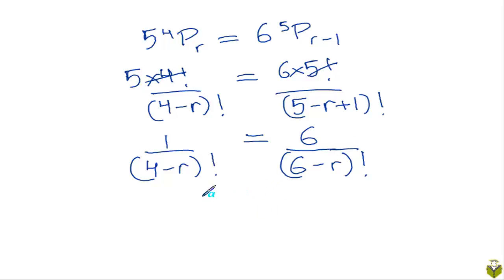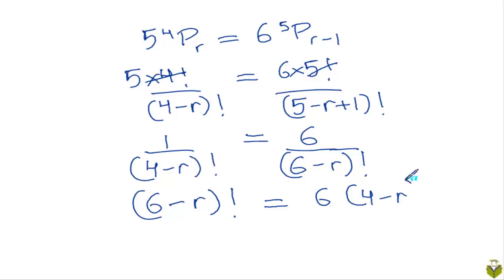So we can again cross multiply, and we'll have (6 minus r) factorial is equal to 6 multiplied by (4 minus r) factorial. You again have to see how to express this factorial in terms of this.